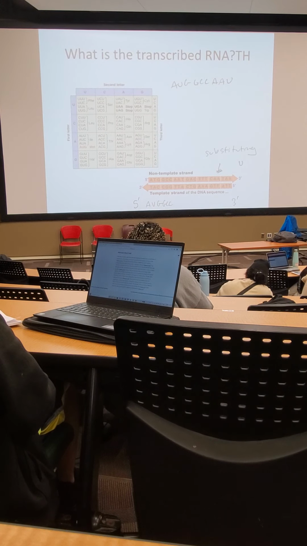It's an A. You can kind of look at that non-template strand. But if you're doing that, think about what's actually happening. So the best answer here is just AUG, GCC, AAU, GAC, UUU, CAA, UAA, right? Just replacing that non-template strand with uracil.